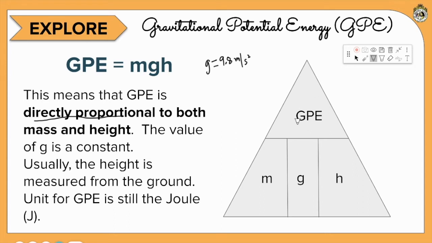So the value of the GPE is divided twice, by the gravitational constant 9.8 and by whatever height the object has. On the other hand, if we're looking for the height itself, that's GPE divided by m, then divided by g. In other words, the gravitational potential energy is divided by the mass, and it's also divided by g. Okay? So if you're ready, let's move on to solving some word problems.